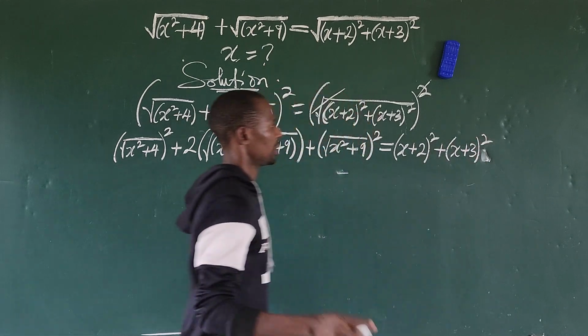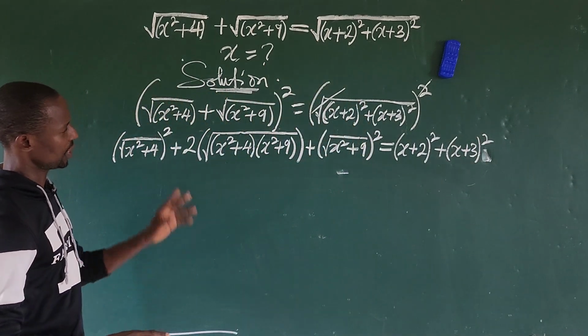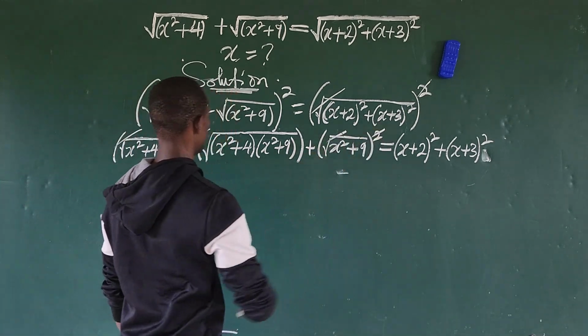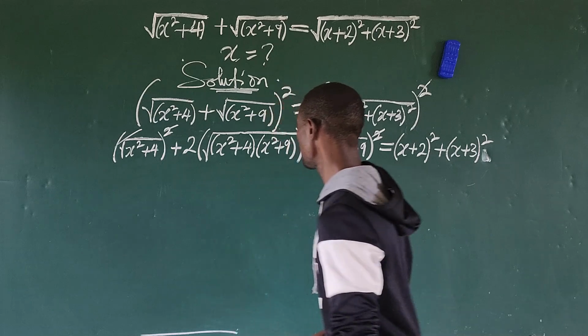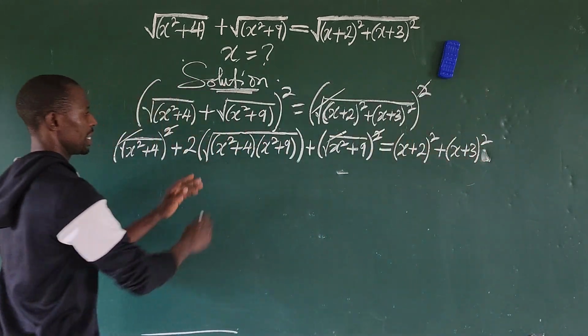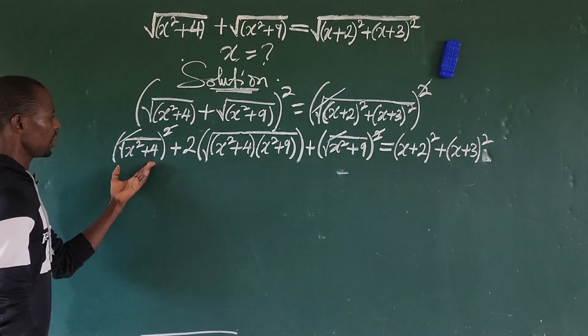Easy. So we look carefully. This goes with this, then this goes with this. So this one is exposed and this is also exposed. Let's keep this one in check. We can open up this now.